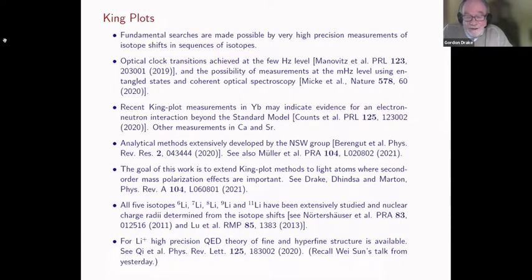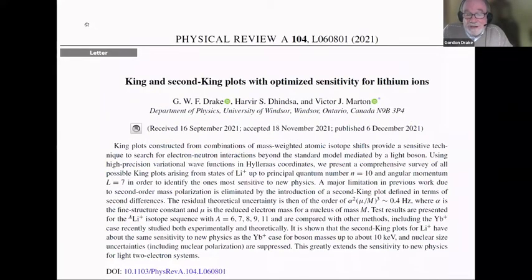In the case of lithium, all isotopes from lithium-6 through lithium-11 have been extensively studied and nuclear charge radii determined; in fact, Wilfried Nörtershäuser and his group have made dominant contributions to this. On the theoretical side, high precision theory is available, as we saw in the talk yesterday by Wei Sun. This talk is based on a recently published paper in Physical Review A Letters.